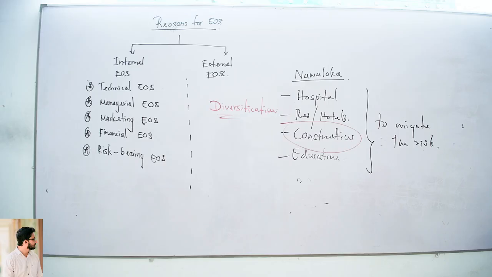If it falls, you will lose all the eggs in the basket. So put 4 eggs in one basket, 3 eggs in another basket, and 3 eggs in another basket. This is called diversification. If one falls, you won't lose all the eggs.